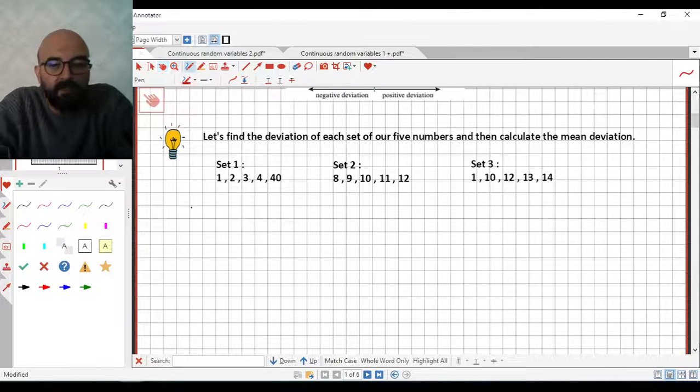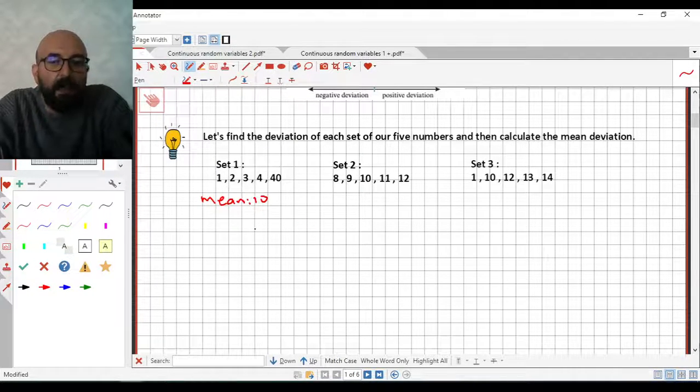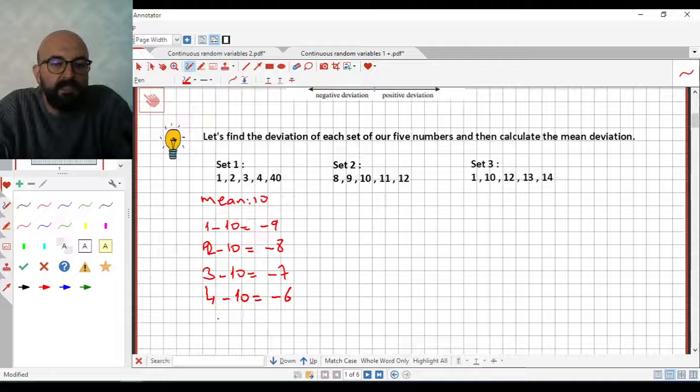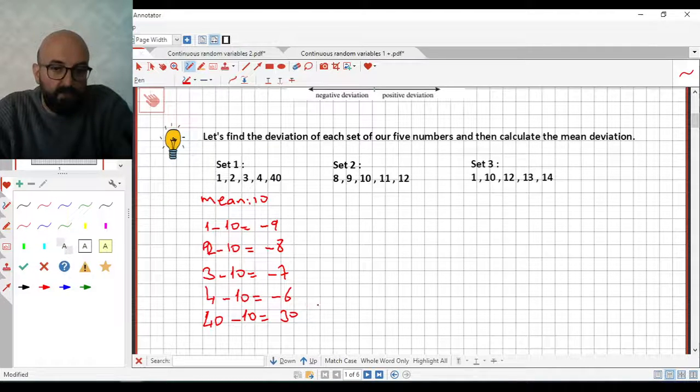Please remember that all sets have mean 10, and our deviations: 1 minus 10 becomes negative 9, 2 minus 10 becomes negative 8, 3 minus 10 becomes negative 7, 4 minus 10 becomes negative 6, and 40 minus 10 becomes 30.